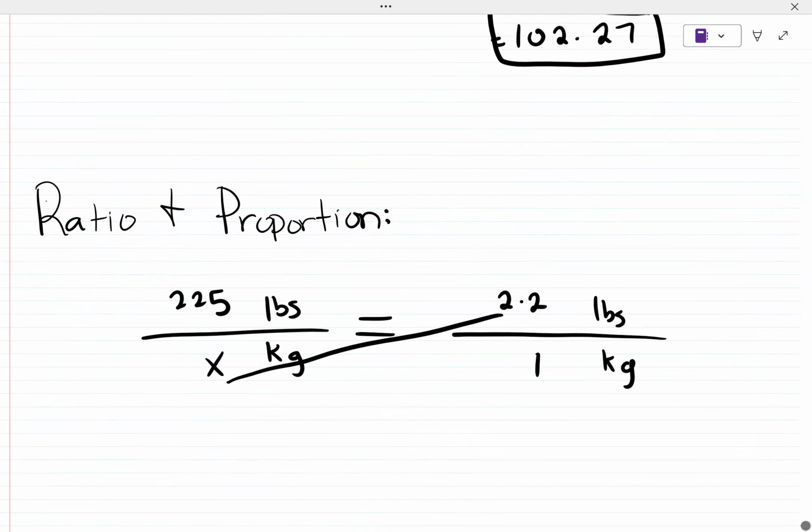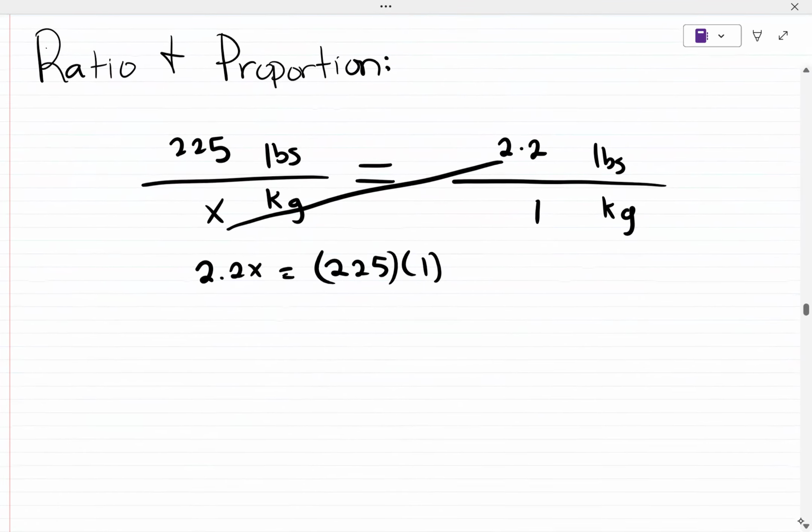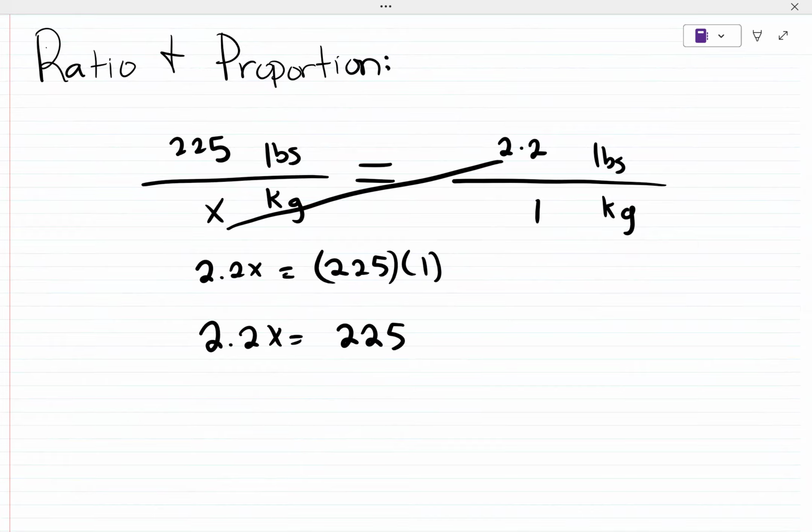Cross multiply, so this is 2.2x equals 225 times 1. That's 2.2x equals 225. And then solve for x, you're going to divide this by 2.2. And that gives you 102.27.